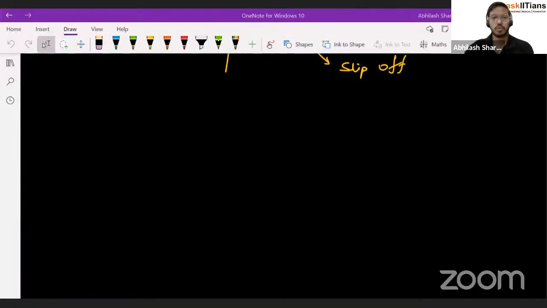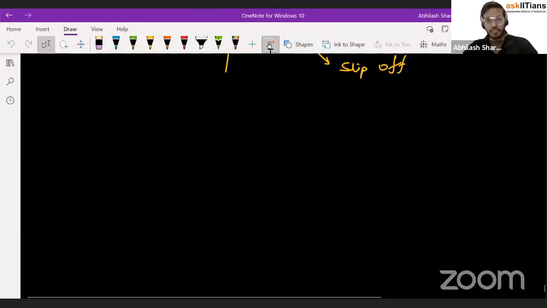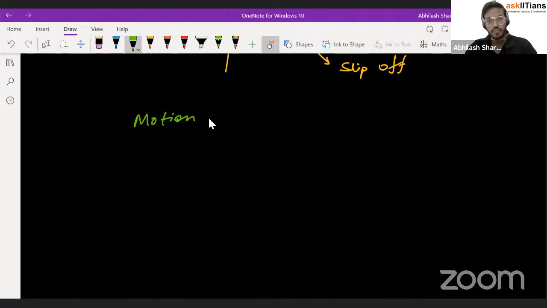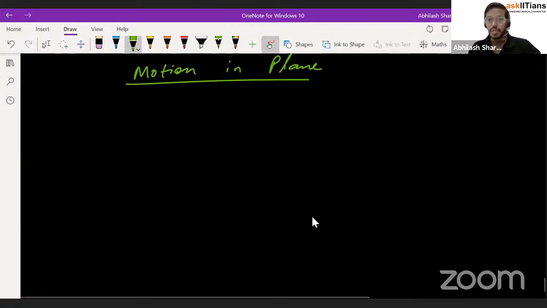Okay, right. Now, let's continue with this new topic that we have today. This topic is all about motion in plane, guys. Motion in plane is what we are learning today. So I hope you guys can understand from the name itself what is different in today's lecture.